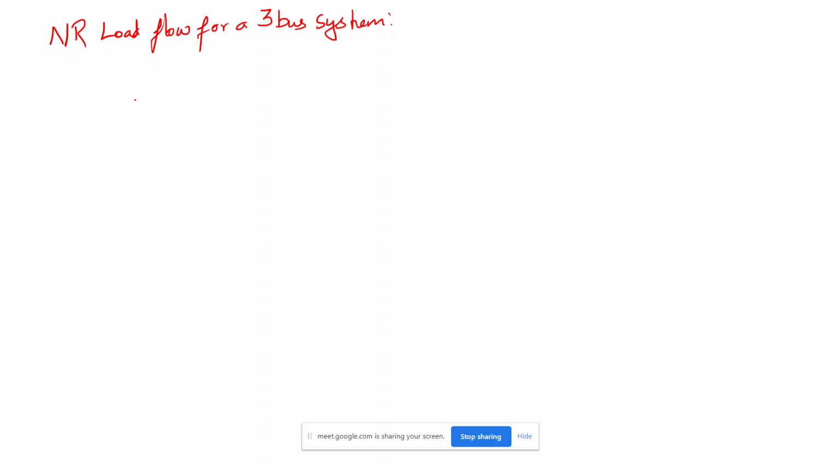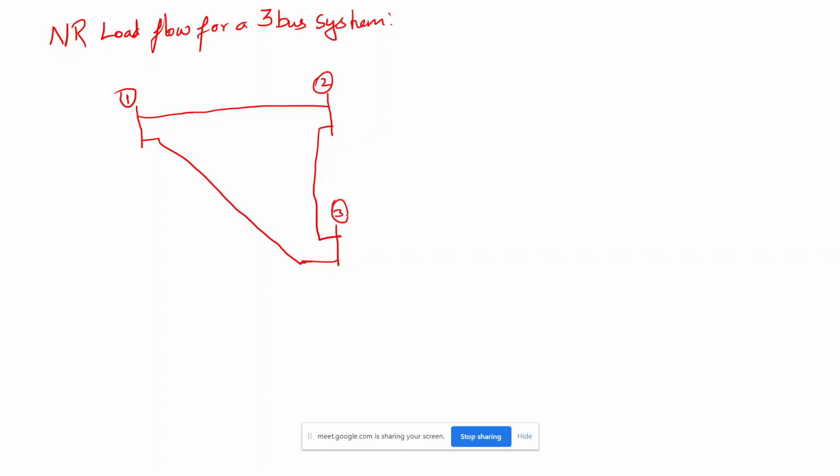So the system is like this. This is bus 1, this is bus 2 and this is bus 3, and this will be a slack bus for you.